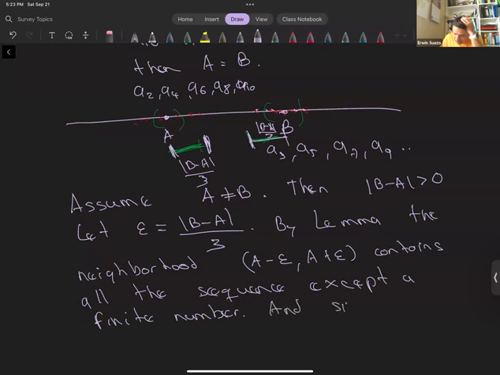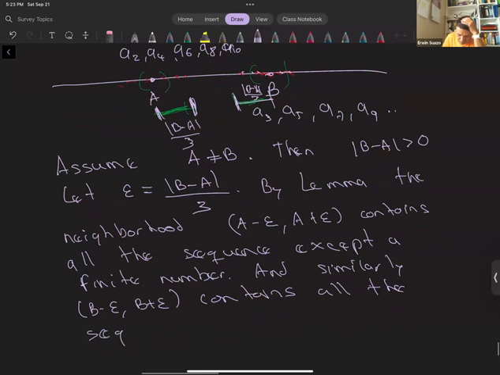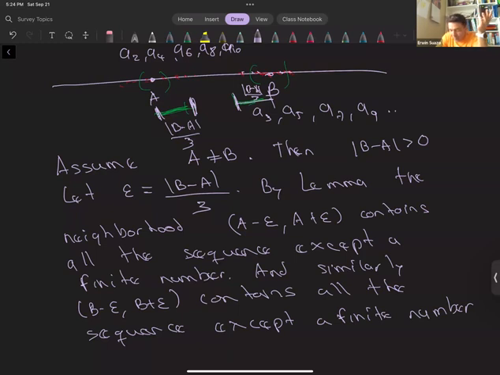And similarly, B minus epsilon, B plus epsilon contains all the sequence except a finite number. Okay? Because both are neighborhoods of the limit, and we have two different limits.